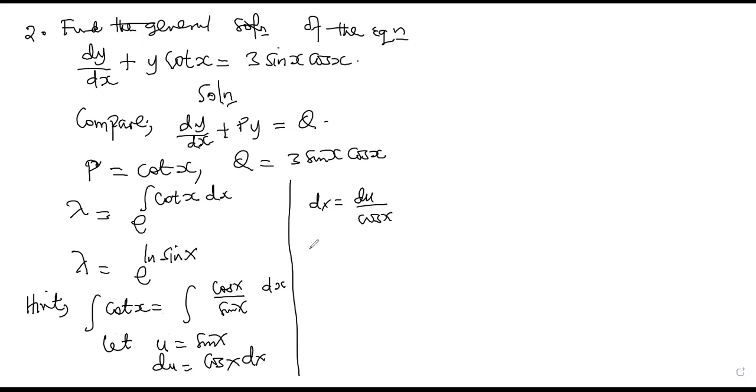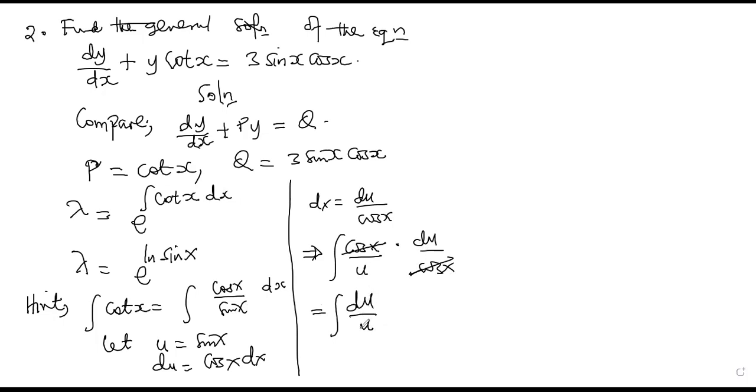Substitute here. It will be the integral of cos x over sin x, which is u, times dx, which is du over cos x. Cos x and cos x will cancel, so we shall have the integral of du over u.